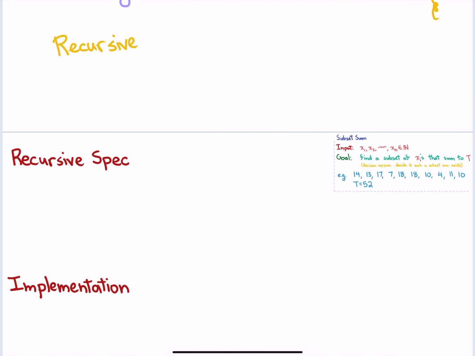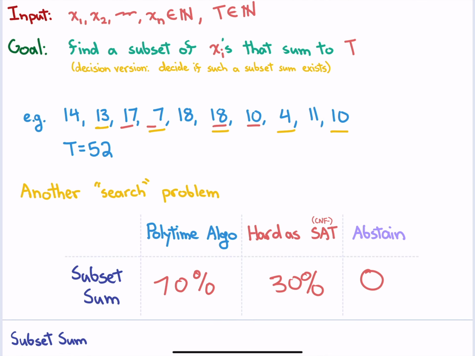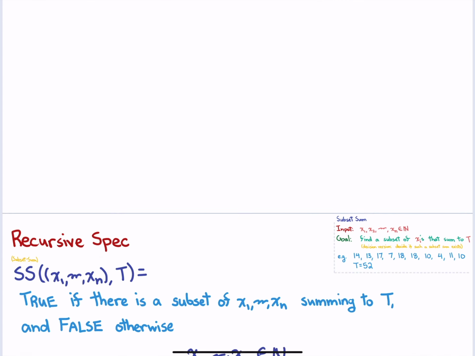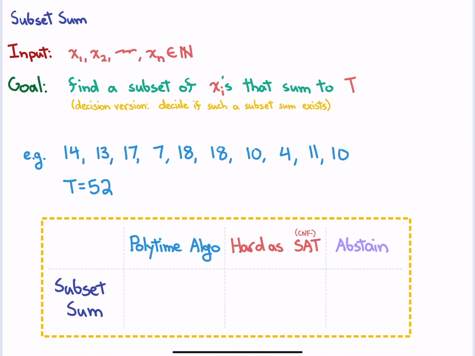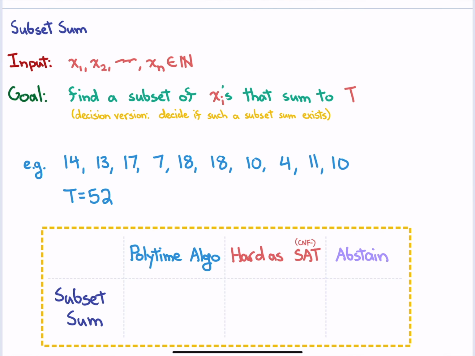In light of this algorithm, previously, what was our vote again? 30% of you thought it was going to be hard, 70% thought it was going to be easy. So before it was 70-30, and I want to see if anyone's going to change their mind. First of all, does anyone want to abstain the second time around? No? Okay. In light of the fact that we have an n times t algorithm, who thinks there's a polynomial time algorithm?